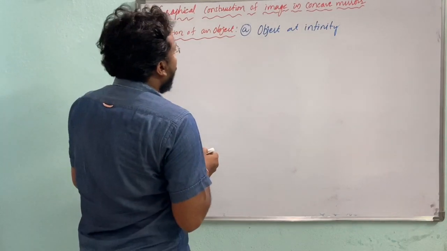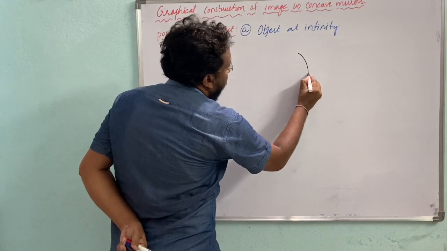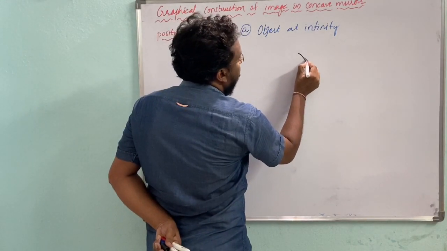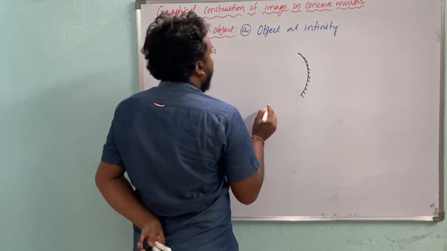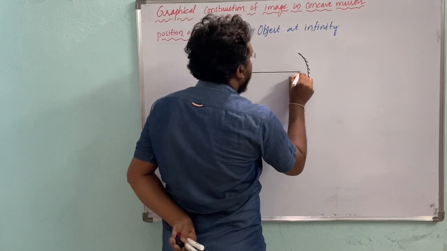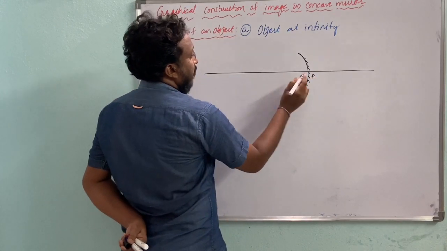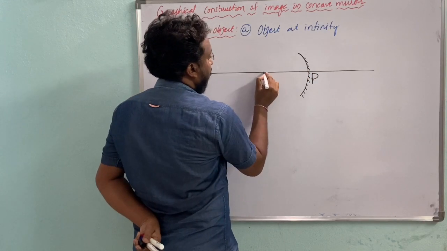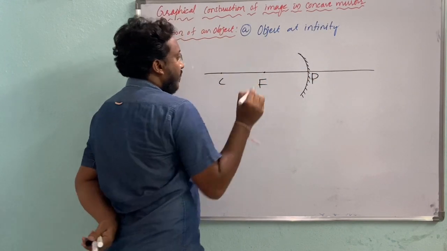Then concave mirror, then these small lines are indicating the non-reflecting surface, right? Then after we have to take the principal axis, pole, focus, center of curvature.